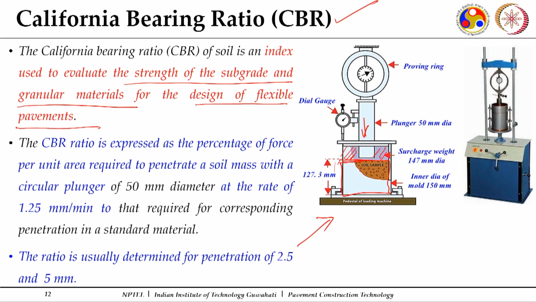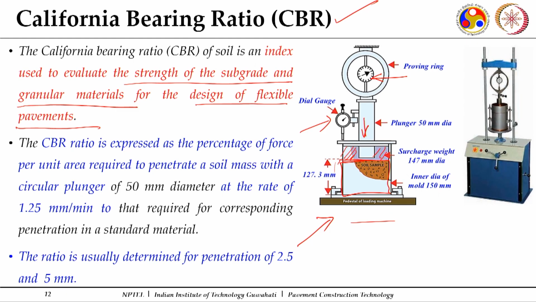So, a plot will be generated between the amount of penetration and the load required for that given amount of penetration. You have this dial gauge to know the penetration, and you have this load cell to know the load which is required for that given amount of penetration. And there are requirements mentioned for this, specifically how much amount of surcharge weight is there.